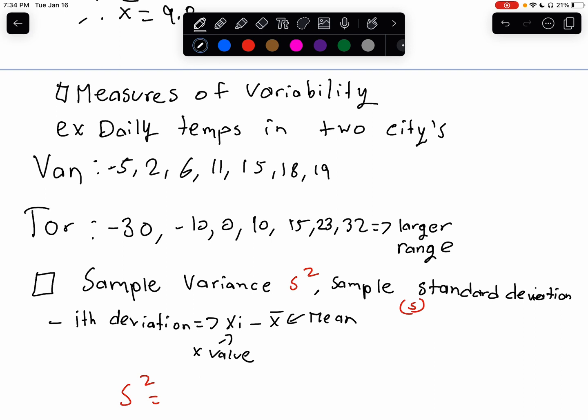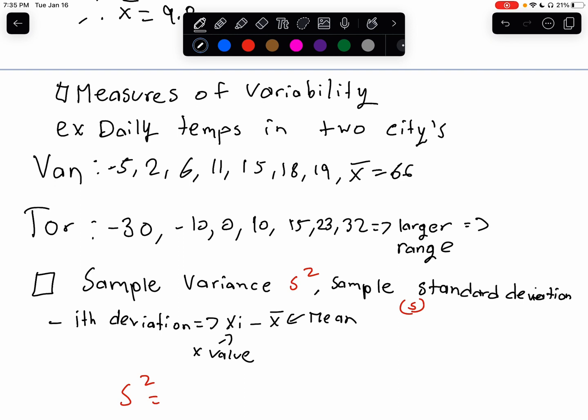So if we calculate the mean values, let's say of Vancouver, so we have -5 plus 2 plus 6 plus 11 plus 15 plus 18 plus 19. We actually have to minus 5, I apologize. So -5, 2, 6, 11, 15, 18, 19. We get a mean value of 66.